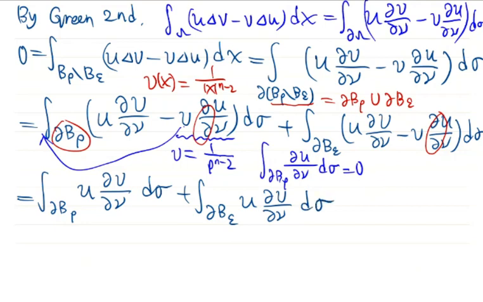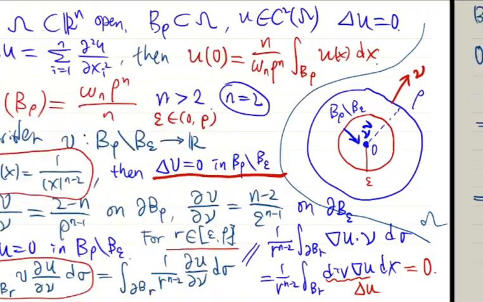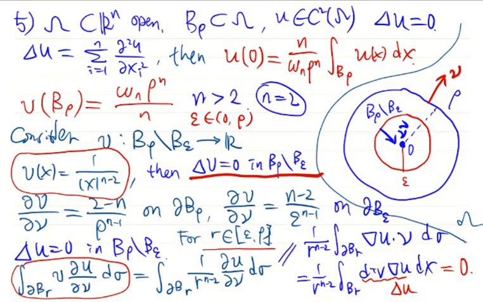But the directional derivative of v with respect to the unit outward normal vector nu had been computed before. I will circle it out.